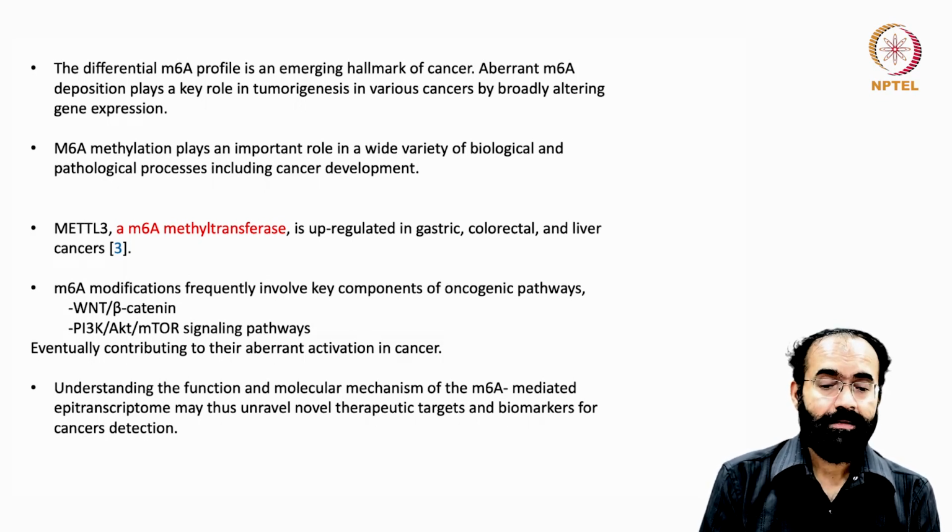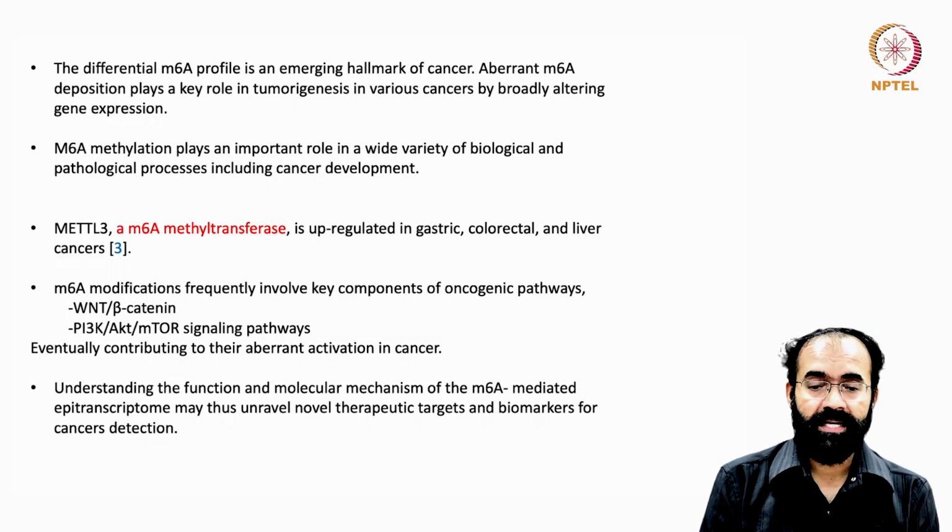M6A methylation plays an important role in a wide variety of biological and pathological processes, including the formation of cancer. One example: one of the M6A methyltransferases, METTL3, is upregulated in gastric, colorectal and liver cancers.